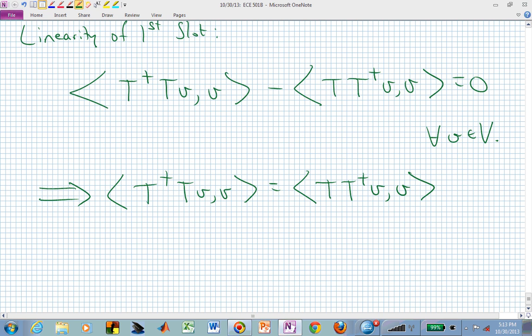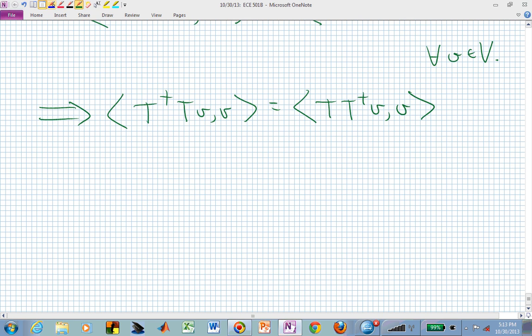And now what I want to do is go back and apply my definition of the adjoint on just a little piece of that. Meaning, let me just apply the definition of the adjoint to this one operator of the two that are combined. Do you see what I'm doing with my parentheses now?